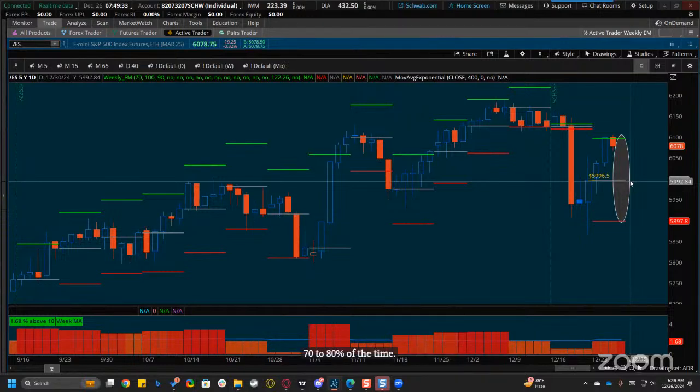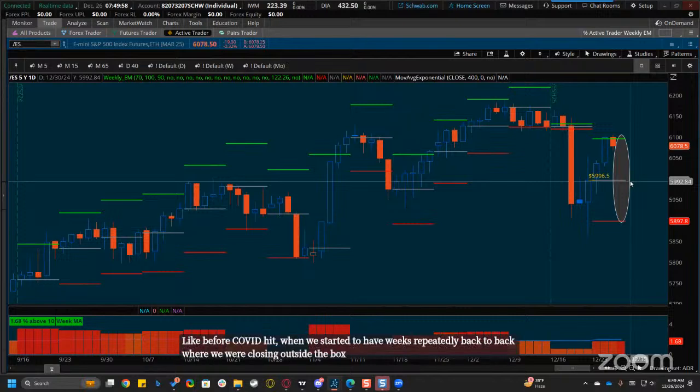It doesn't mean we have to. In fact, when we don't close on the week within this range, once in a blue moon, it's not a big deal. Consistently closing outside the range over and over is a warning or a heads up. Like before COVID hit, when we started to have weeks repeatedly back to back where we were closing outside the box, something was wrong.